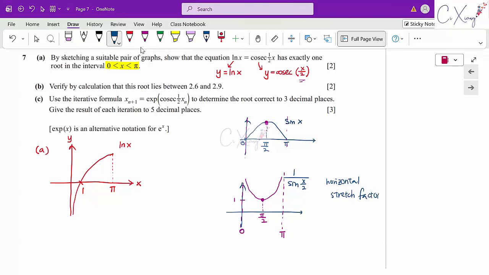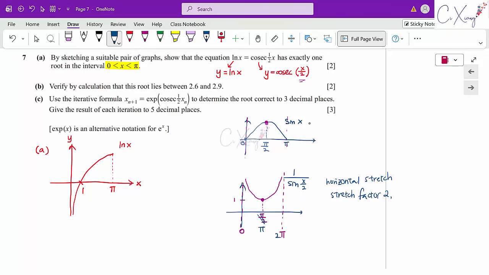This is something we learned in AS before, so we are just recalling what we learned and applying it here. Horizontal stretch with a stretch factor of 2 means all your x values need to be multiplied by 2. So pi over 2 multiplied by 2 gives you pi, and this one becomes 2 pi now.